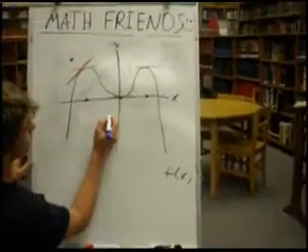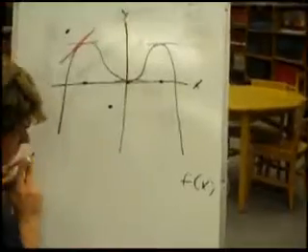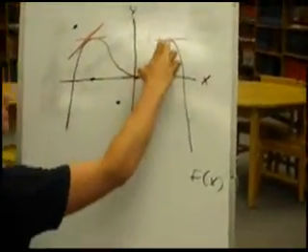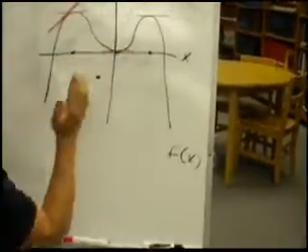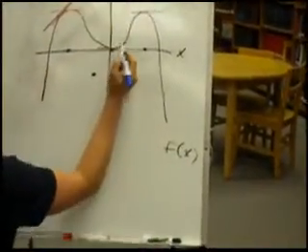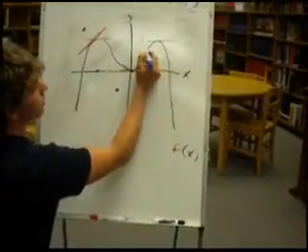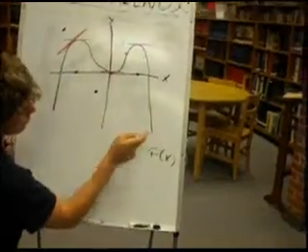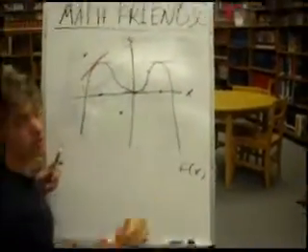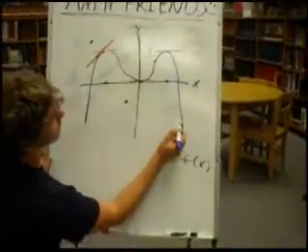So I'm going to draw a point down here. Now as we move from this point to this point, anywhere I draw the tangent line, it will be positive, going up. So I'm going to draw my tangent line right here. And then from this point down to this point, anywhere I draw the tangent line will be negative. So I'm going to draw a point down here.